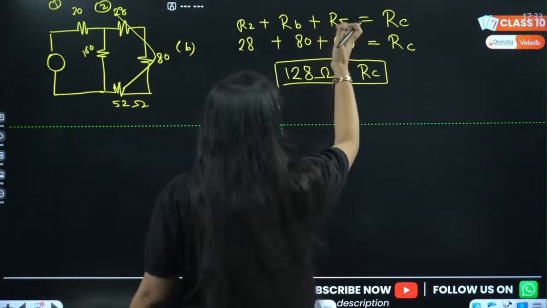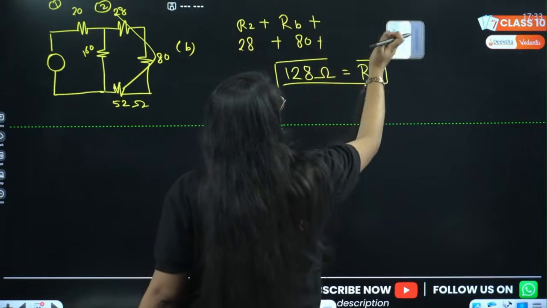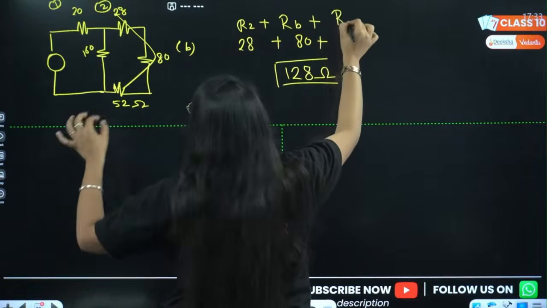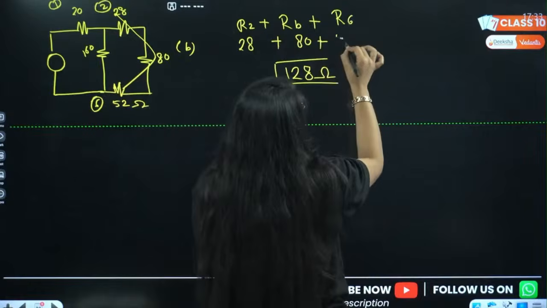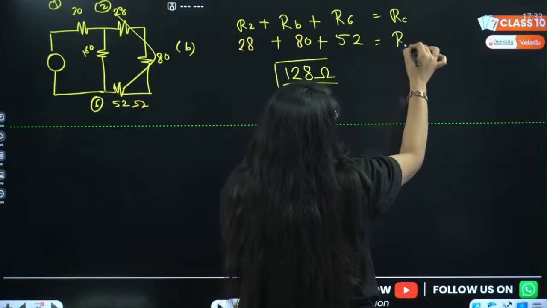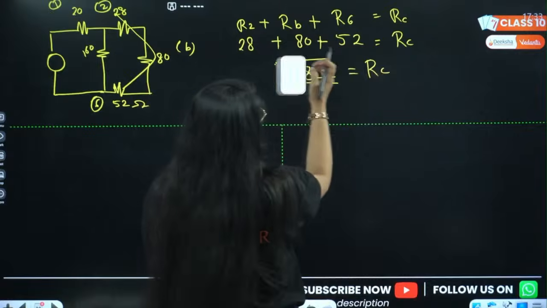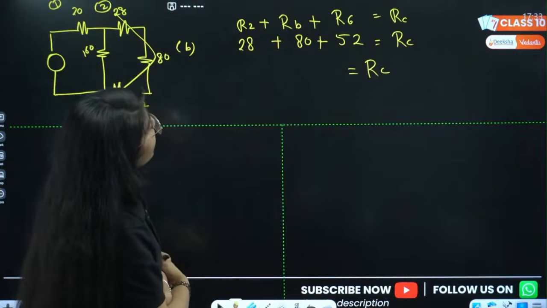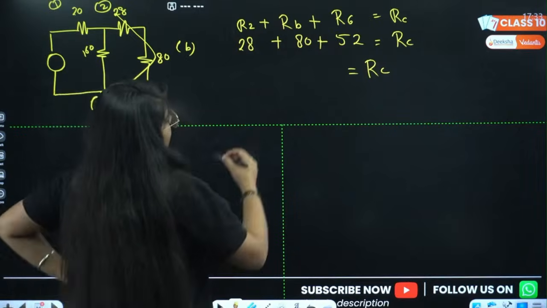So instead of this 20 we'll have सारा ही जाएगा ये भी. चलो. This was R6. R6, that is 52, equals to RC. So RC will be what? RC will be 80 plus 28 plus 160. How much will that be? That is again 160 ohm.